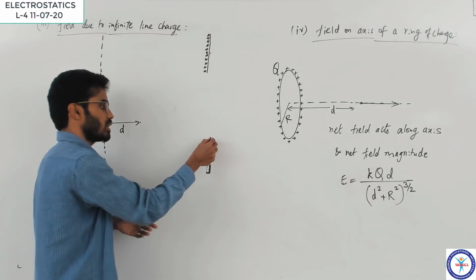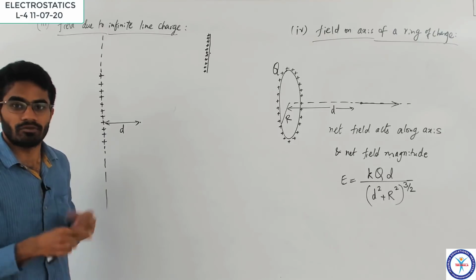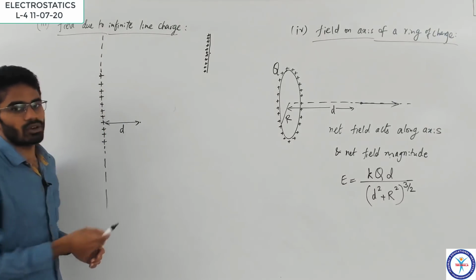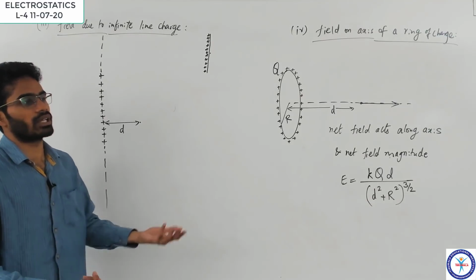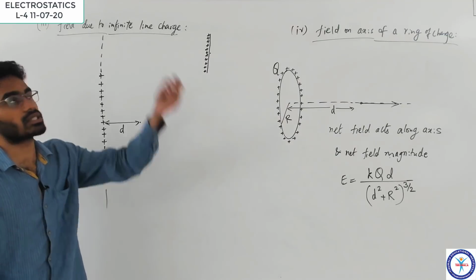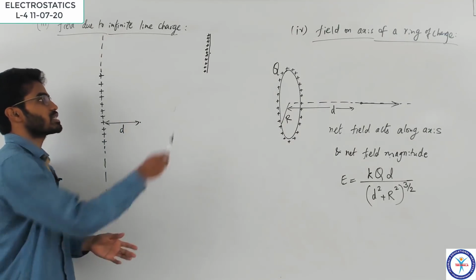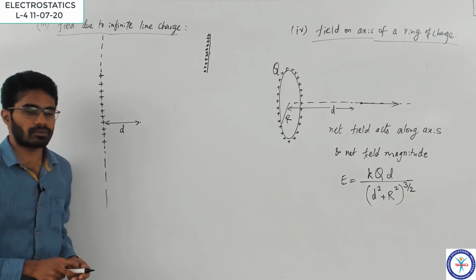When you take points very close, the system seems to be infinite, it subtends large angles. So in such cases, we have the idea of an infinite line charge. Practically, an infinite line charge is not possible. You cannot create a line charge distribution extending to infinity all over the universe. But for these kinds of scenarios, we can go by this method.